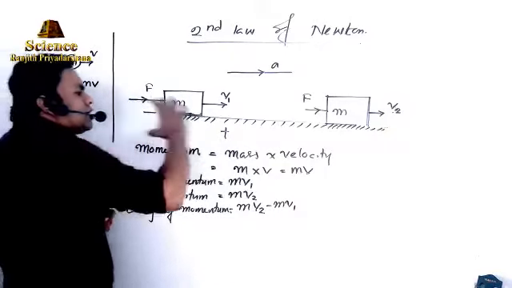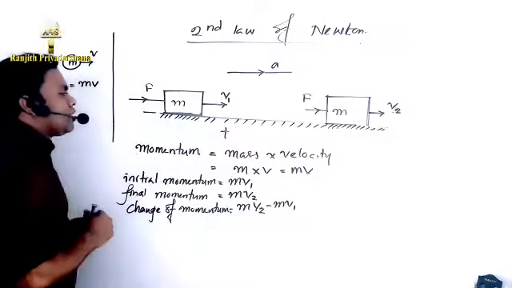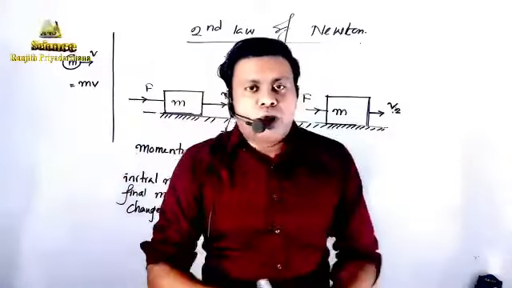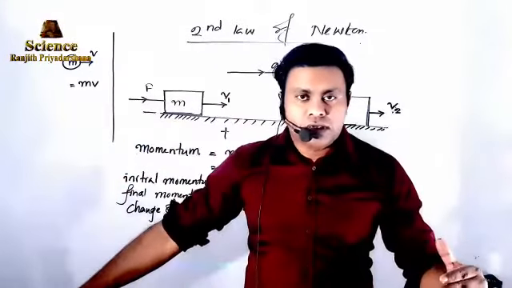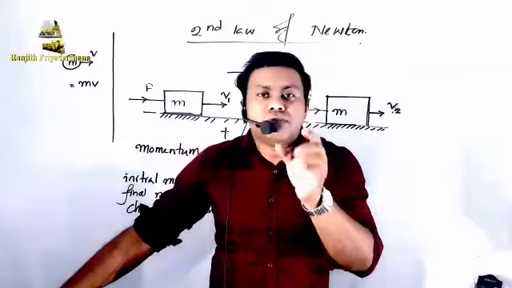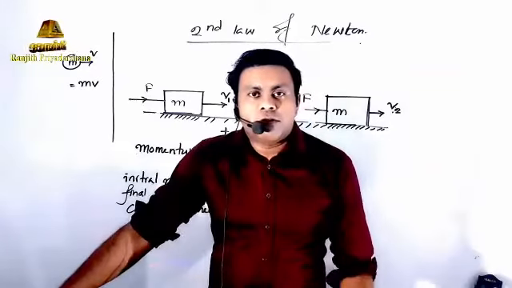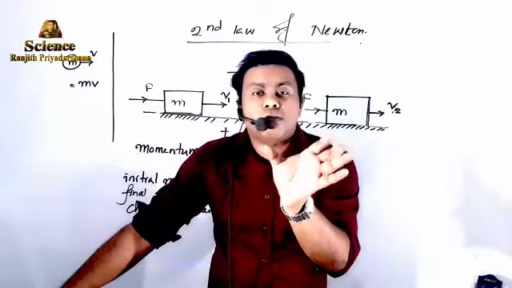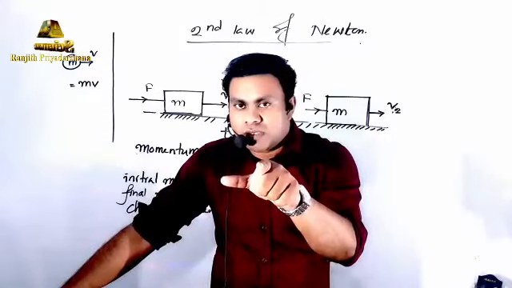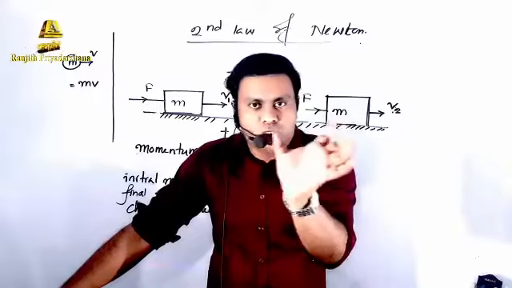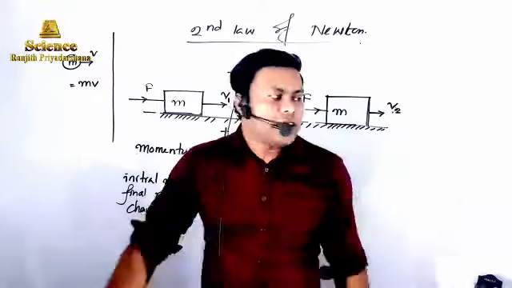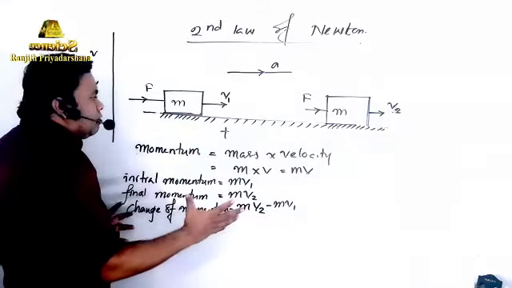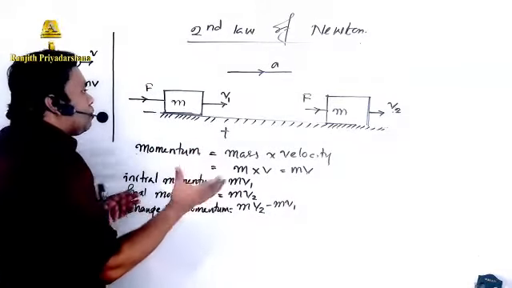But this change happens within t seconds of time. Therefore, we have to define the change of momentum per unit time, per second. So we divide this change of momentum by the time. Then we end up with the change of momentum per second, which we call the rate of change of momentum.